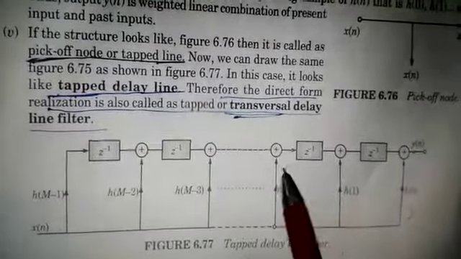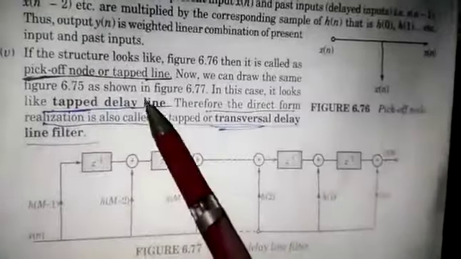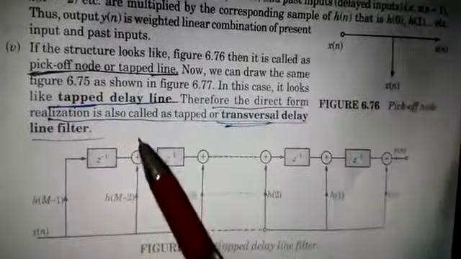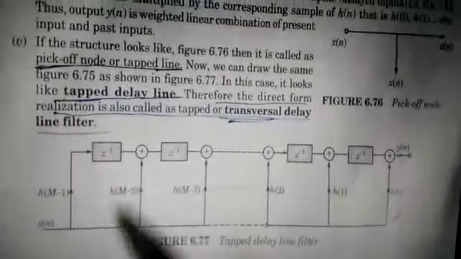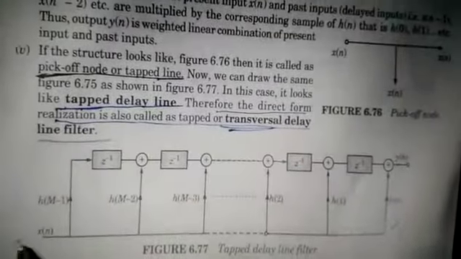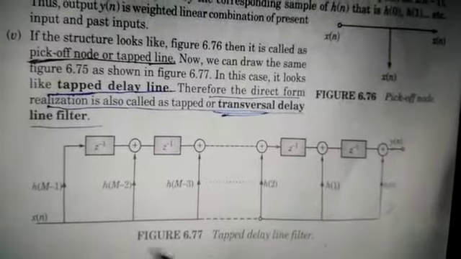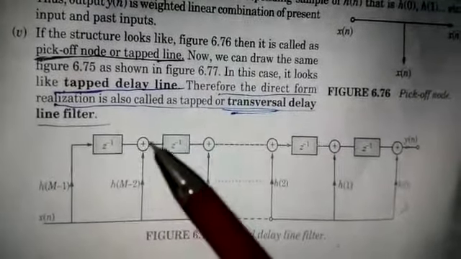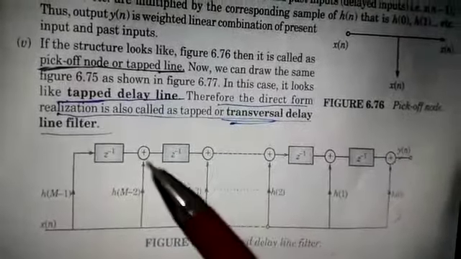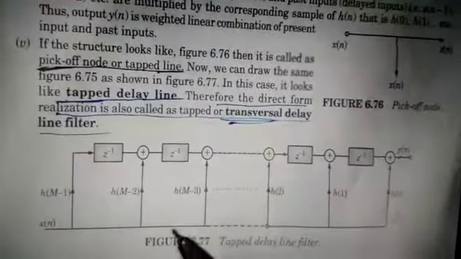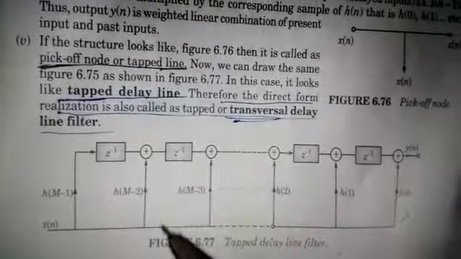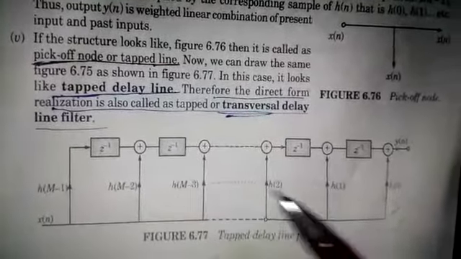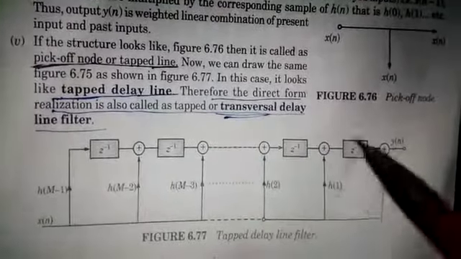What we will do, in the last slide we have seen this figure, so we will just change this. At the downside we will represent this input line, and the upside we will represent these summations. In the previous figure we have the summations below and this line above. This is called a transversal delay line filter, or a tapped delay line filter.